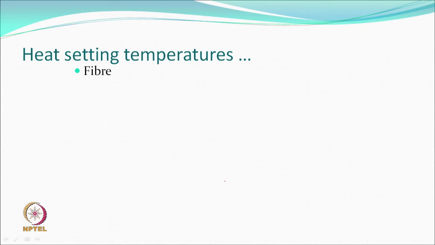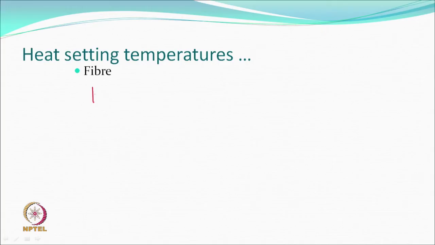So, what temperatures? Some guidelines we can get from the rate of crystallization curve, and in general, if we have polyester, for example, the fiber is polyester, polyethylene terephthalate, from about 200 to 210 degrees centigrade could be a heat setting process temperature.